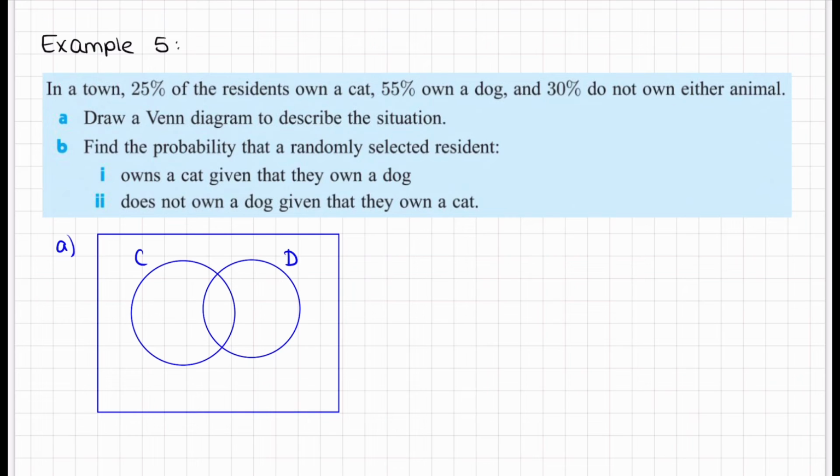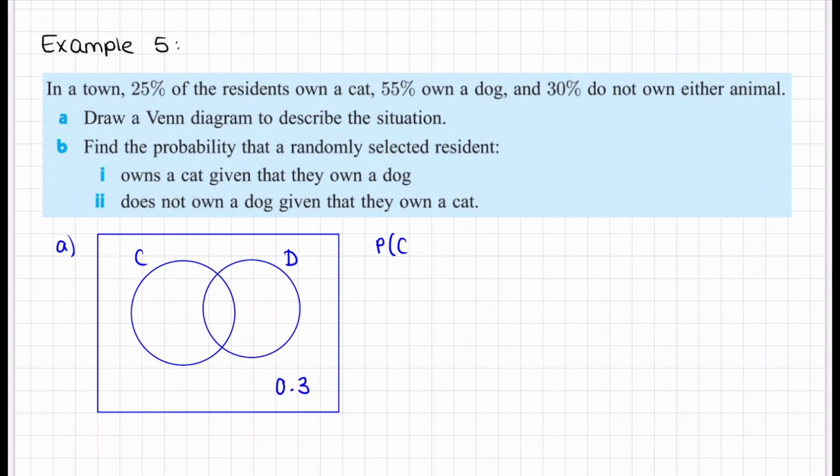Start with the information. So we've got 25% on a cat, 55% on a dog, and 30% do not own either. So the one we can definitely put in first is the 30%, so the 0.3 on the outside of the circles. Now we have to work out where things go in the middle. And to do this, we can use our addition law.